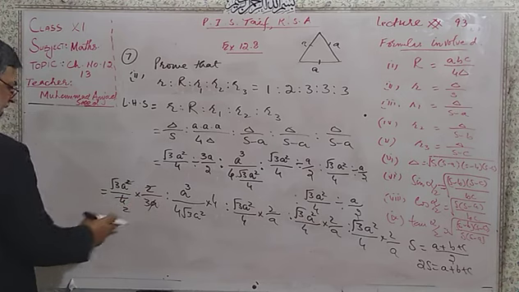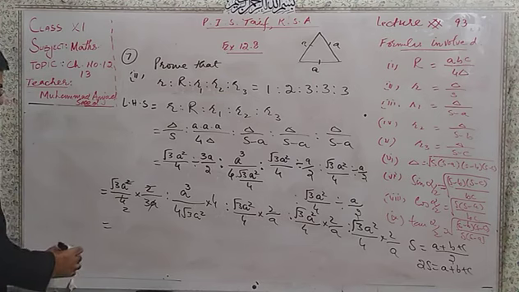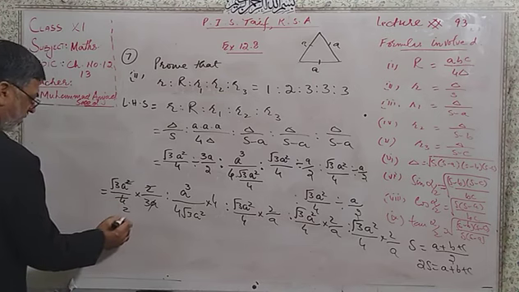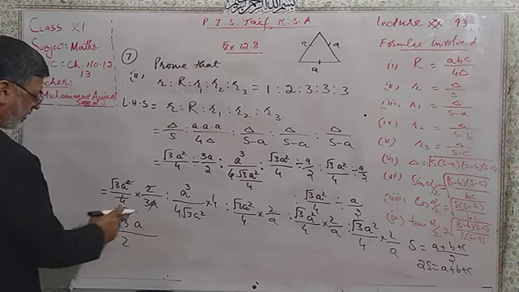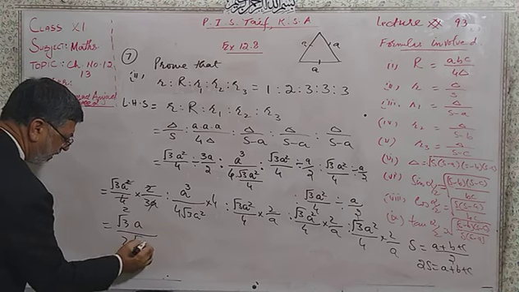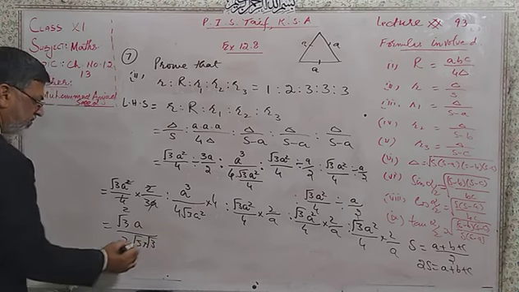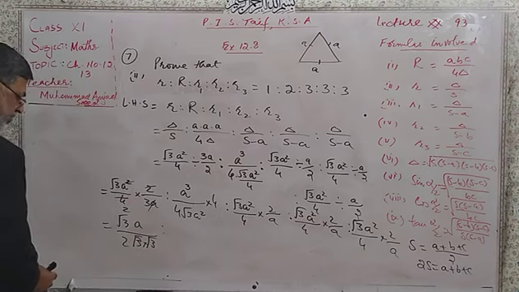A is cancelled with this one A, and we will have root 3 A over 2. Actually this root 3 can be written as root 3 into root 3, because the number outside is written double under the square root sign.